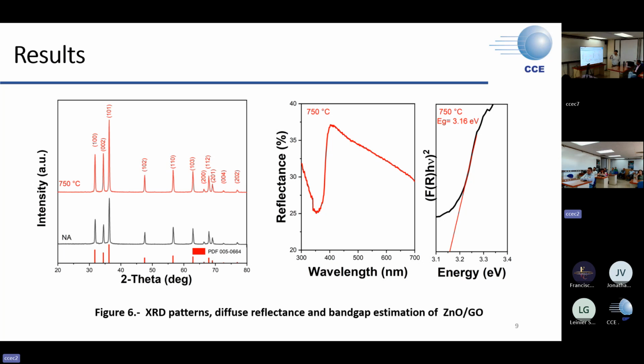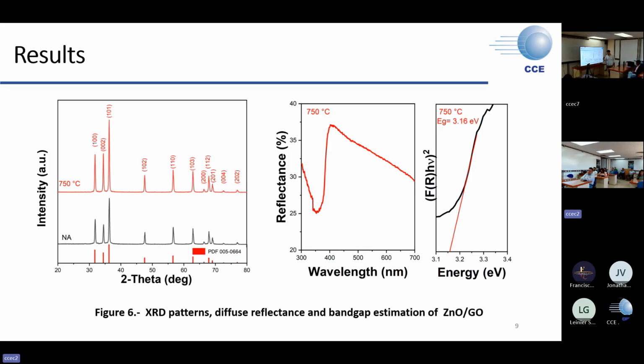So when we heat the solution, it immediately precipitates as zinc oxide. However, we cannot use this material because it has a lot of organic content. It tends to float in the solution, so we cannot use it for photocatalysis of dyes, hydrogen production, or photoreduction of CO2. So we have to anneal.